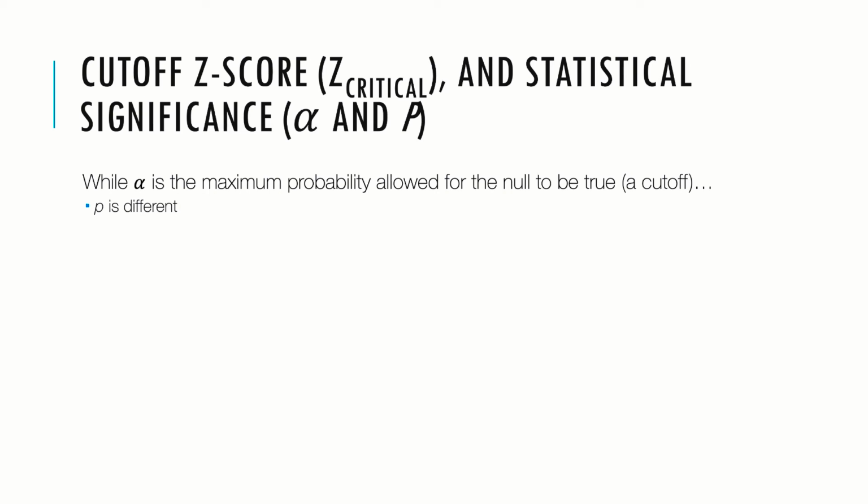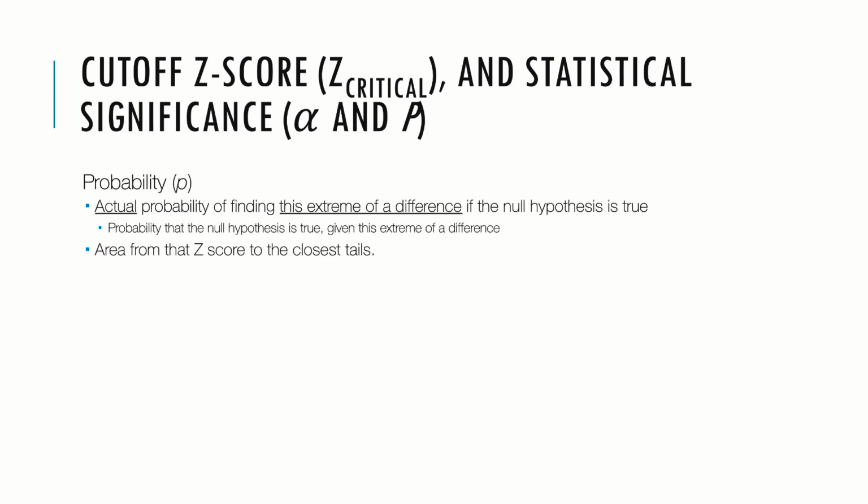P is different. P is a probability representing the actual probability of finding this extreme of a difference given a true null hypothesis. So we have a cutoff alpha of 0.05, but we can calculate a p-value for a specific score.